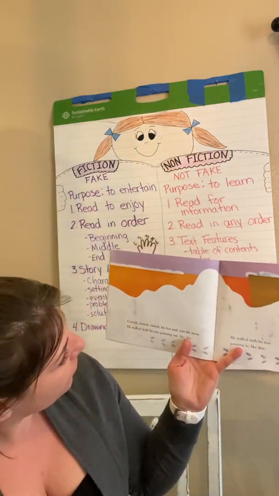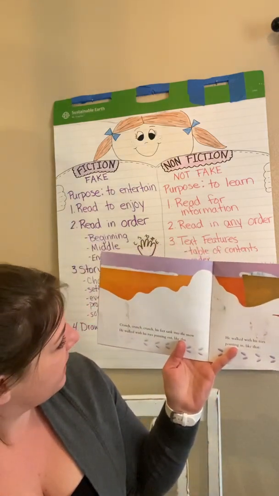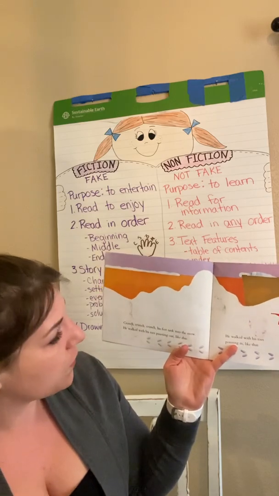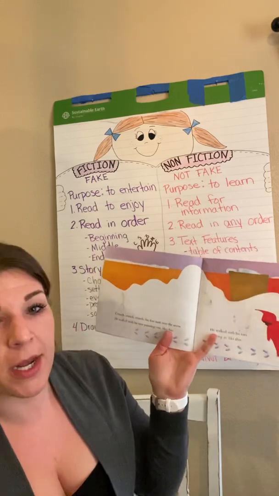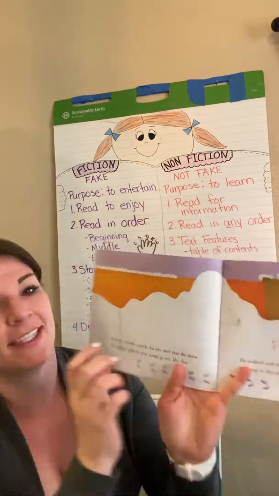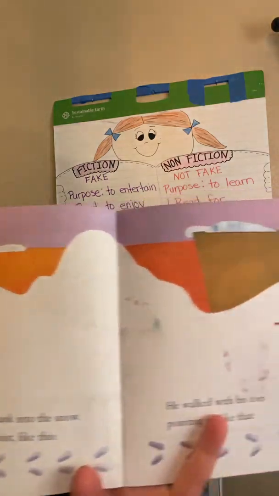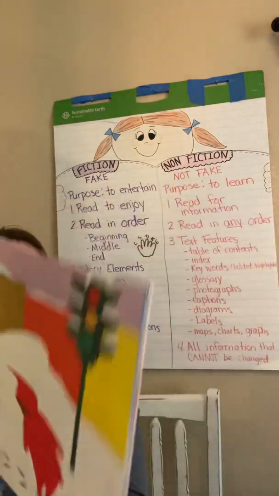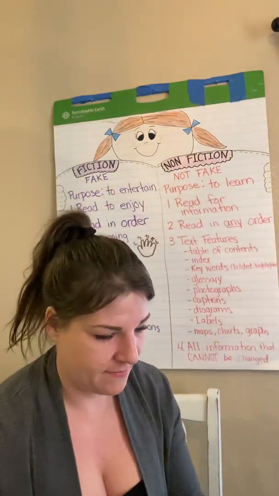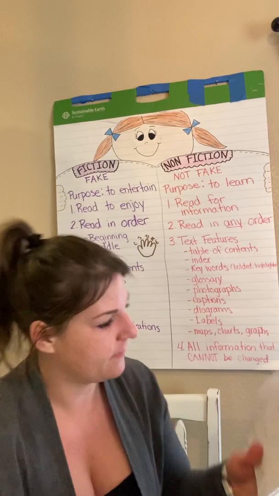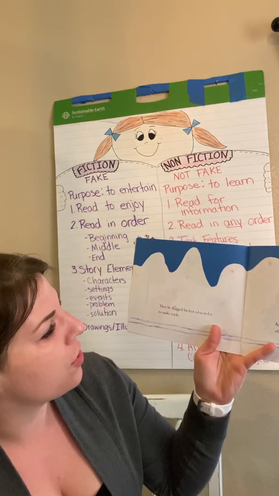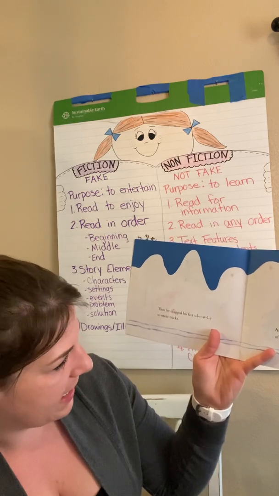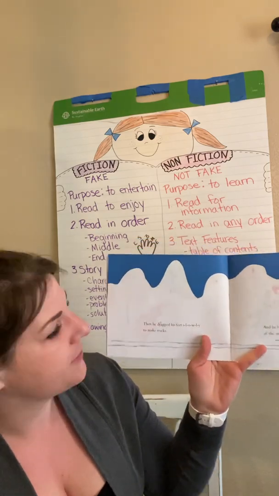Crunch, crunch, crunch. His feet sank into the snow. He walked with his toes pointing out like this. He walked with his toes pointing in like this. Then he dragged his feet slowly to make tracks.